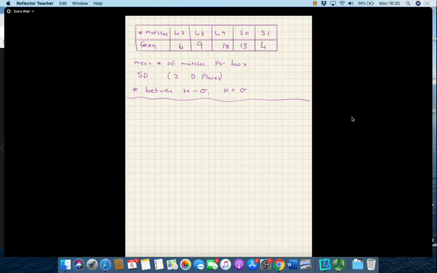Okay, so the mean number of matches. We add them all up and we divide by the number of numbers. But remember it's a frequency table, so I have 6 times 47, so I have 6 boxes with 47 matches in them, plus 9 boxes with 48 matches, plus 18 boxes with 49 matches, plus 13 boxes with 50 matches, plus 4 boxes with 51 matches. All divided by how many boxes I have: 6 plus 9 plus 18 plus 13 plus 4.